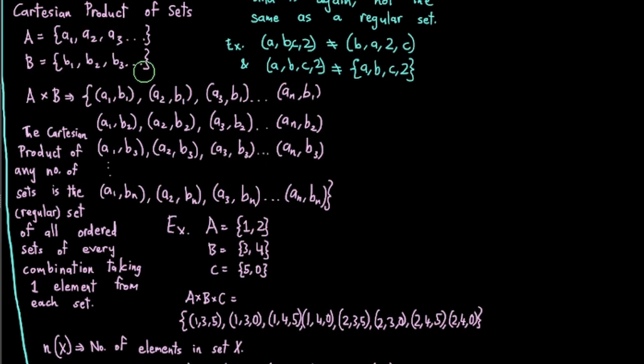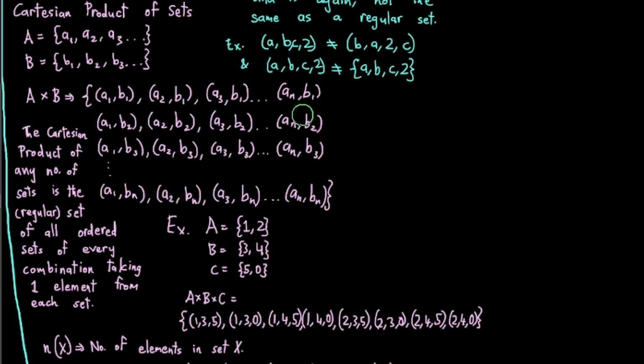So we have a1, a2, a3, and so on up to an, each paired with b1 throughout the entire row. Then on the next row we take a1, a2, a3 again, but all of them paired with b2. Then a1 b3, a2 b3, a3 b3, and so on in the next row, until you get to bn. They don't have to be the same number of elements though.